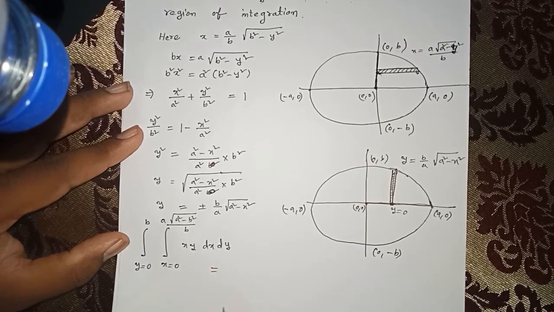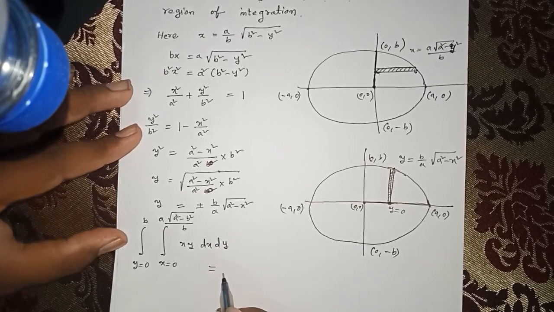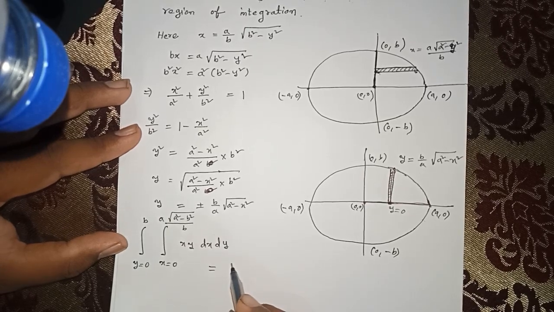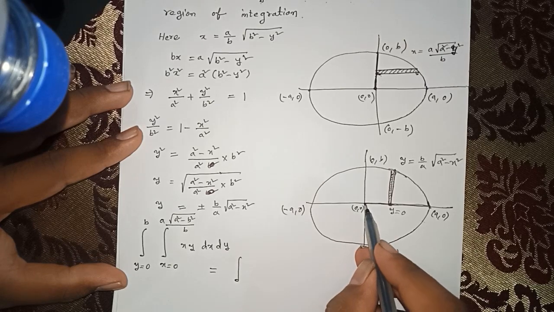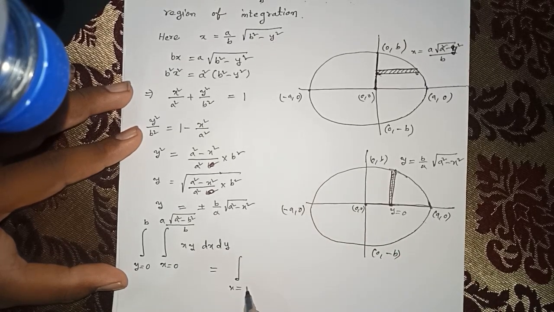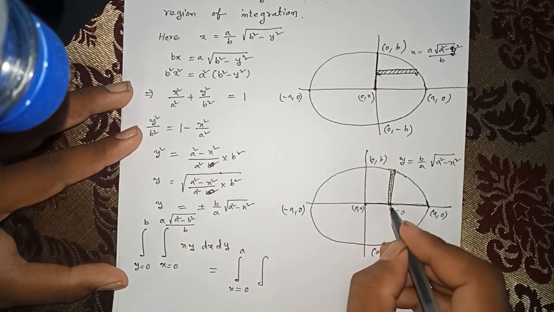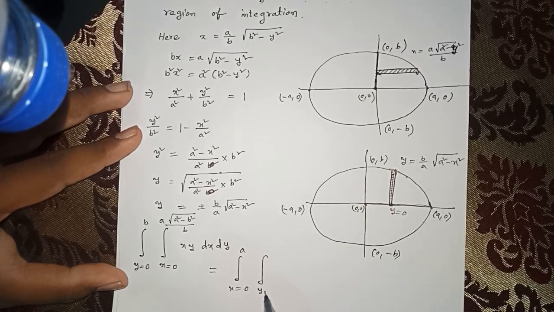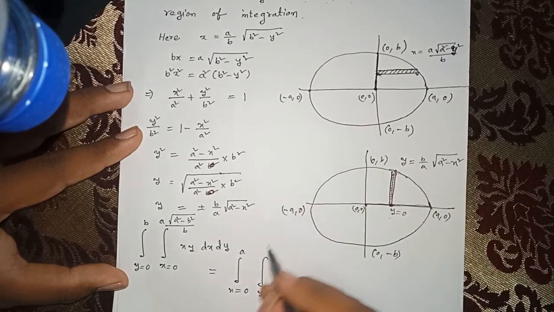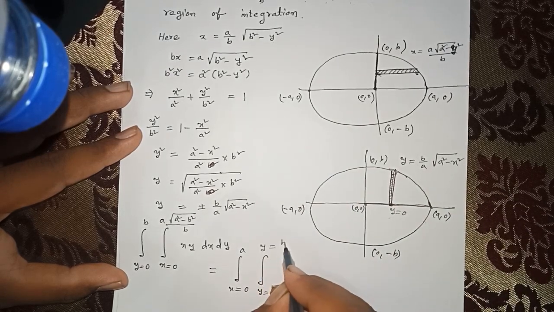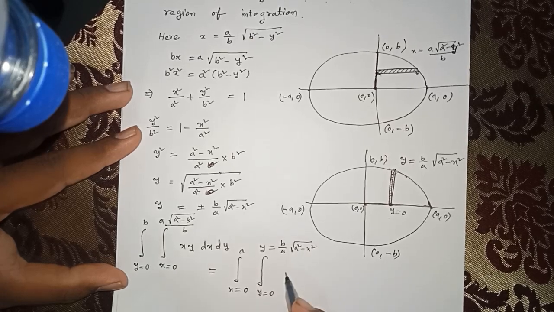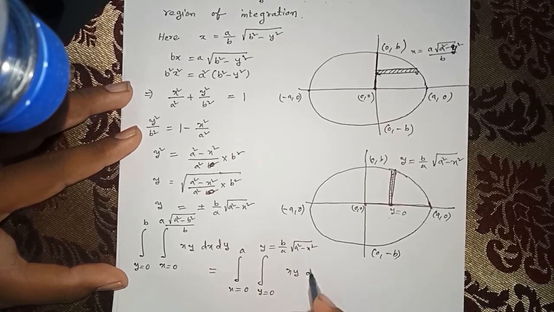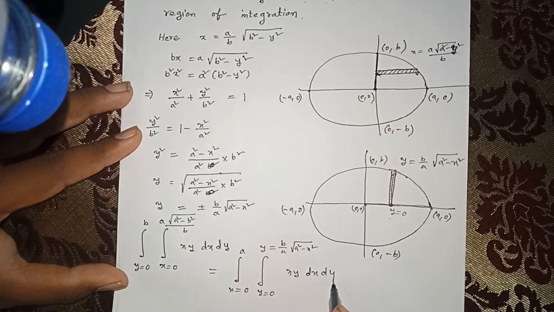Now after changing the order of integration, we get x moving from 0 to a, and for a fixed value of x, y is moving from y equal to 0 to y equal to b by a root of a square minus x square, xy dx dy.